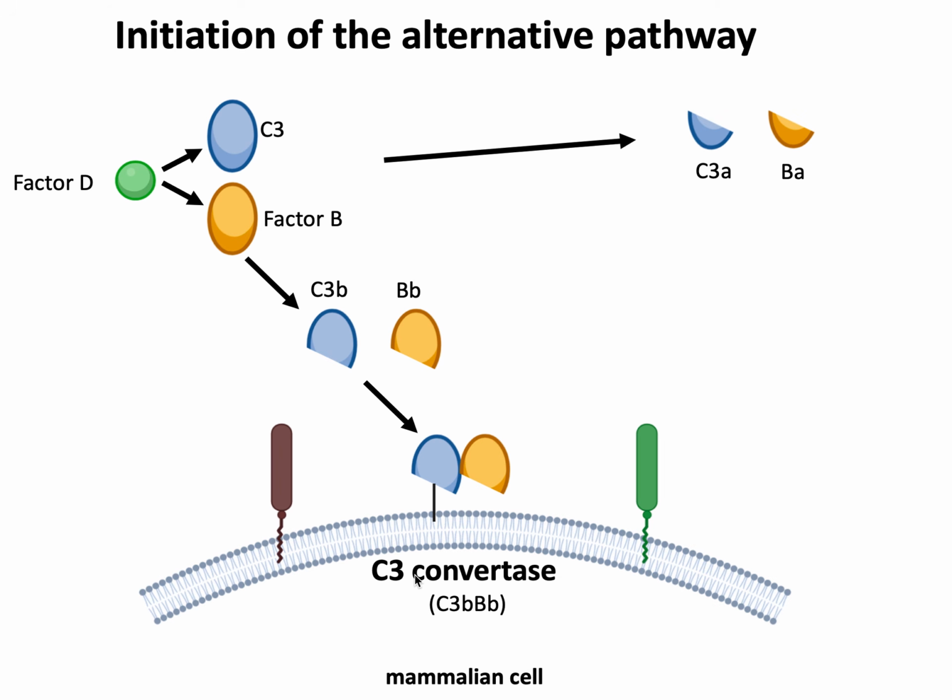Now, if we are a mammalian cell, mammalian cells have a number of inhibitors that destabilize this C3 convertase and prevent it from activating complement any further. And so normally on a mammalian cell, complement can't really get activated to any great extent.